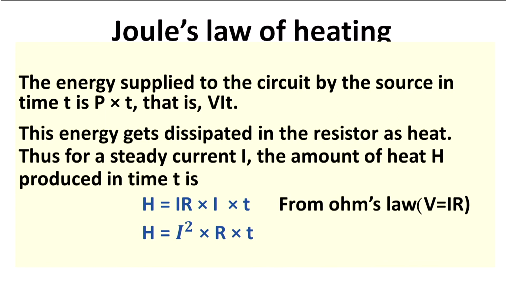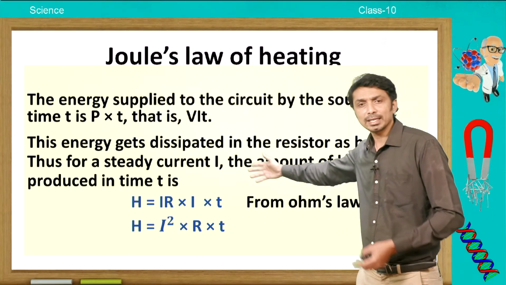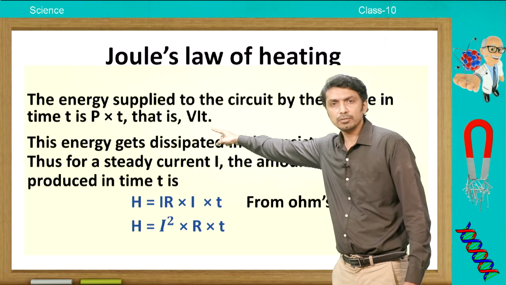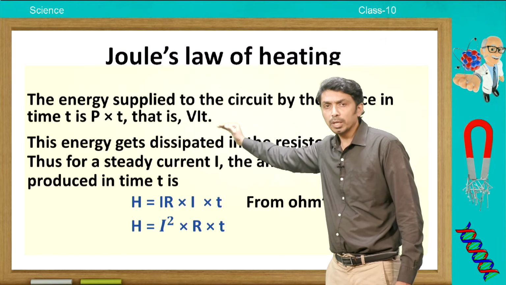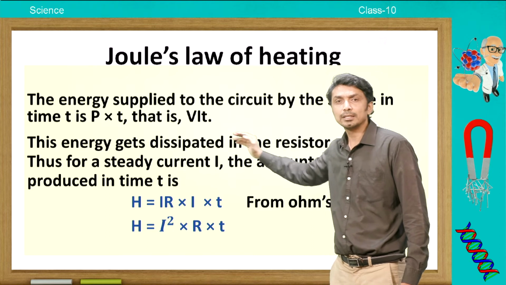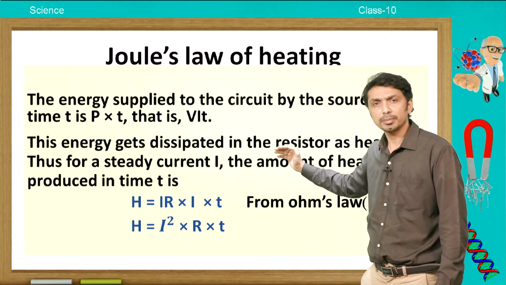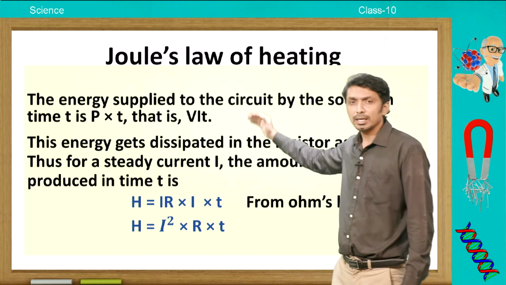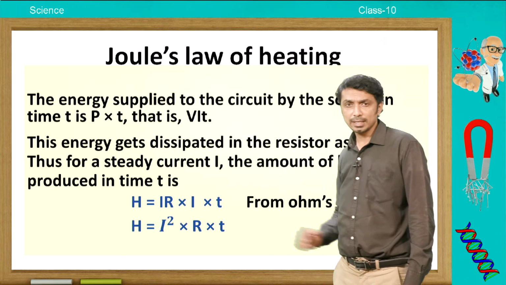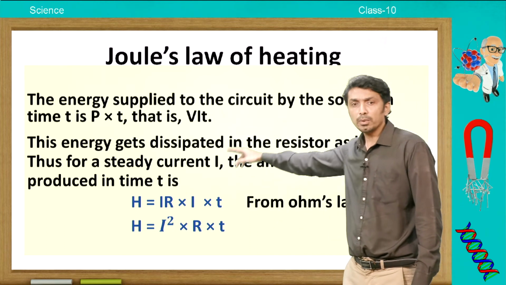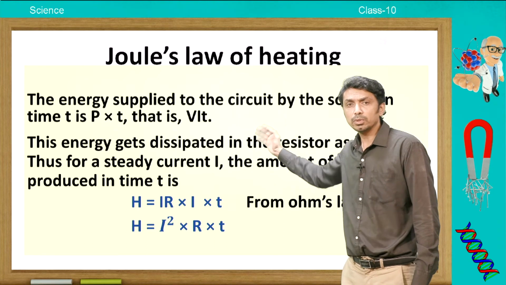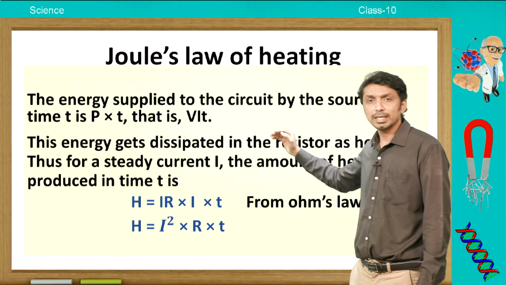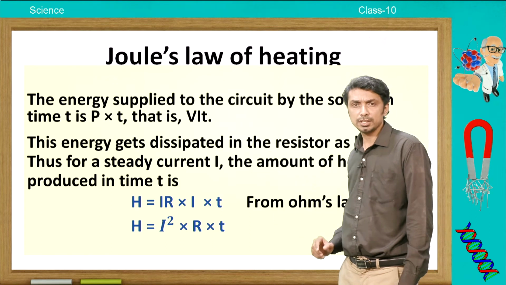That means, if you supply more electrical energy, that is V into I into T, more heat will be produced, as it is a circuit with resistances. So, now the entire electrical energy will get converted, or dissipated, into heat energy.